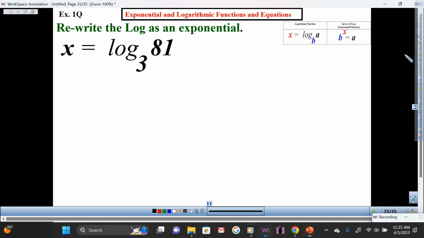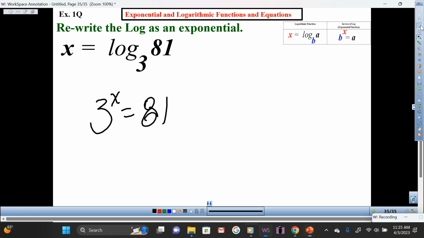Share with your neighbor. All right, Valente, what did you get? 3 to the X equals 81. Hands up if you got that.